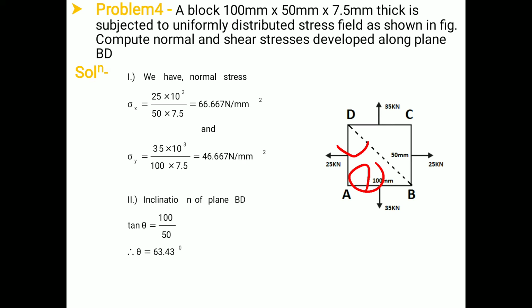Once you know the value of angle theta, we can easily find the value of normal stress and shear stress. Therefore, tan theta is equal to 100 by 50. Once you solve it, we have theta equal to 63.43 degrees.